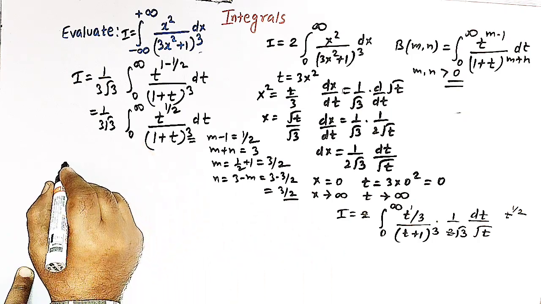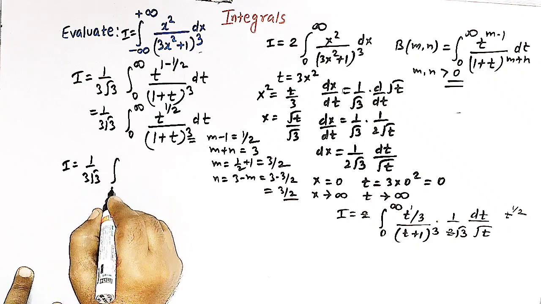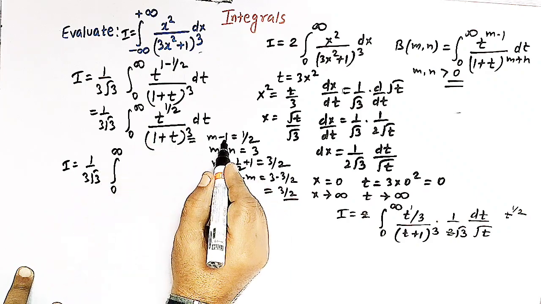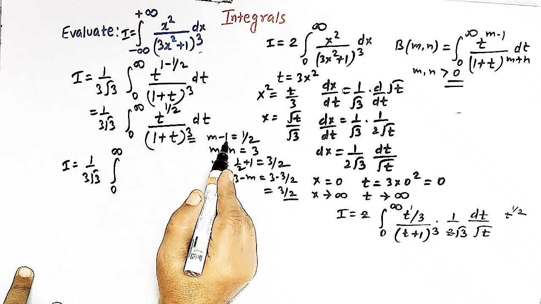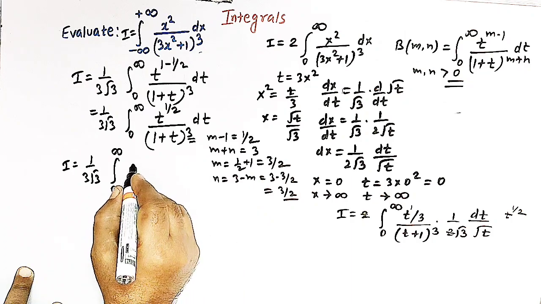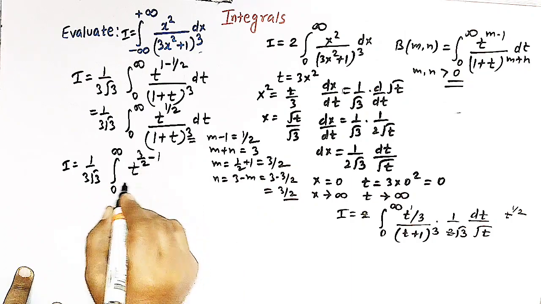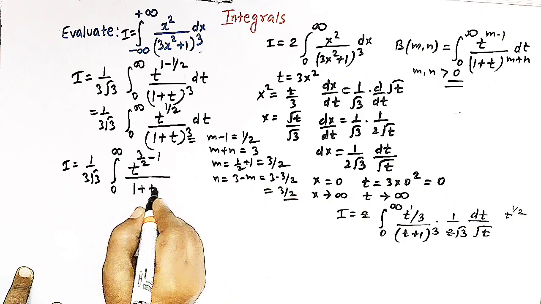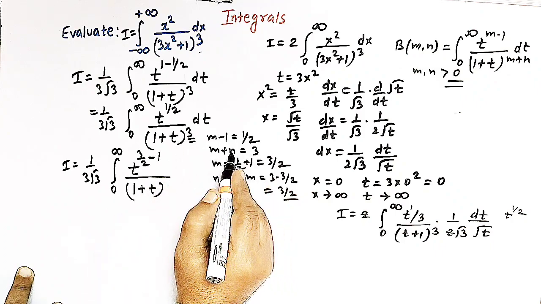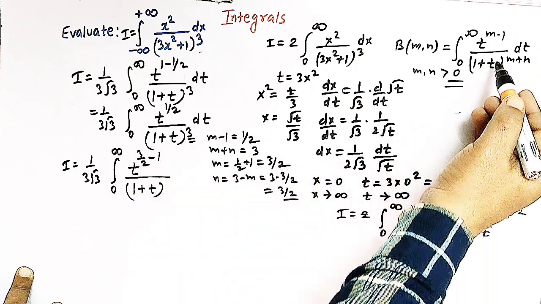So now we can write the integral I as 0 to infinity, and t raised to half is m minus 1, that is 1 over 2 is m minus 1, and m is 3 by 2. So we can now write t raised to 3 by 2 minus 1, and here we have 1 plus t raised to 3. Now 3 is equal to m plus n, because we wish to write this integral in this form.